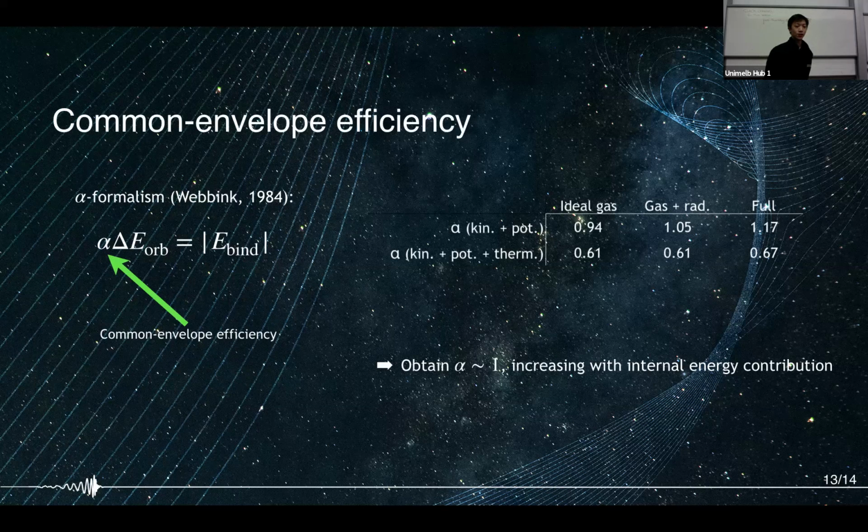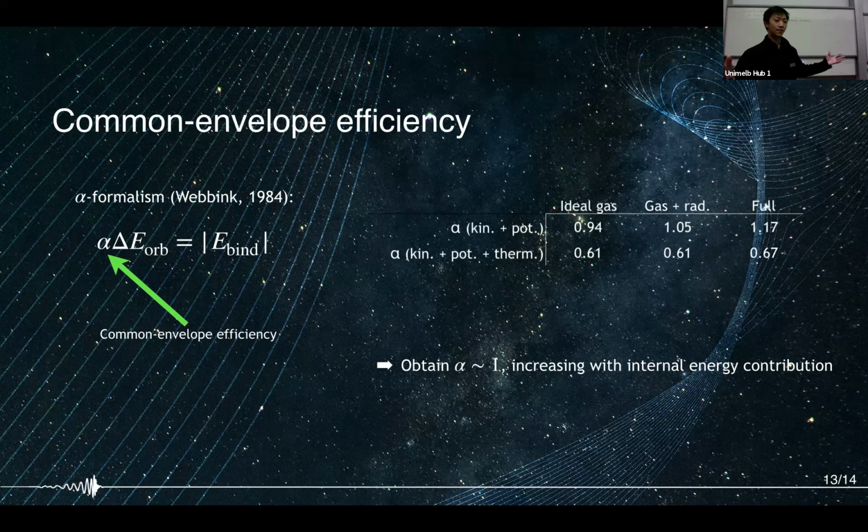So this is exactly what the alpha parameter is. In that equation, this is sort of a back of the envelope way of determining what the final separation in the common envelope is. In the form of a global energy conservation, the change in orbital energy between the initial and final states of the common envelope must equate the binding energy of the envelope, because that's what you're getting rid of.